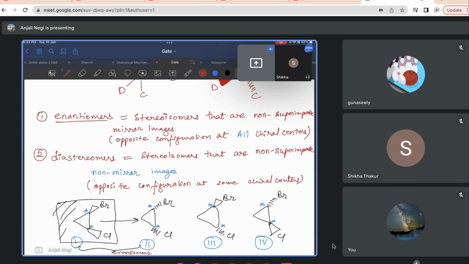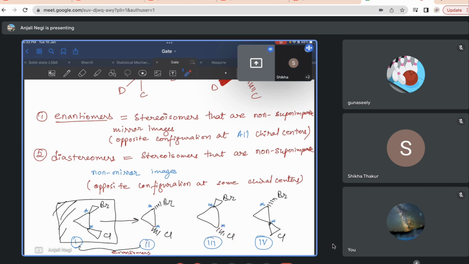Okay, now number 2 and number 3. When I look at number 2 and number 3, if I place one mirror here, this bromine, whether above or below, will definitely reflect, but this chlorine, if it is below, must have gone above, correct?